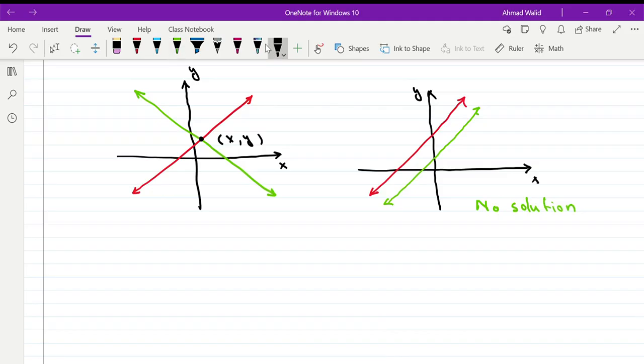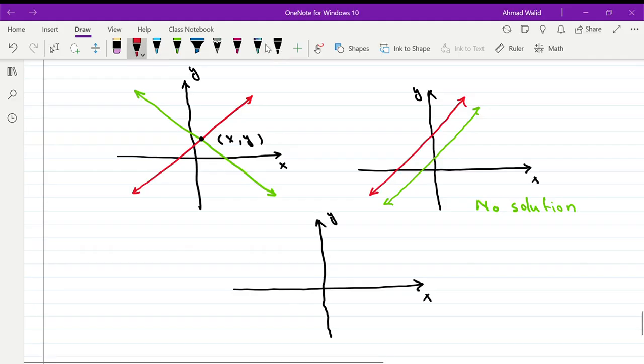Possibility number 3. Sometimes when you graph a system of linear equations, for example, you graph one of the lines and you graph the second line, the second line is actually on the top of the first line.